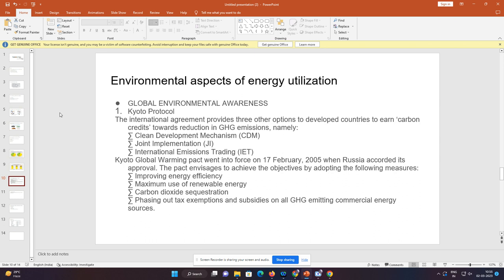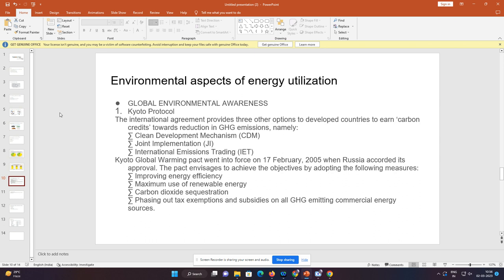The second one is joint implementation. It is another approach for countries to earn credits by investing in emission reduction projects in developed countries in agreement with the protocol target.